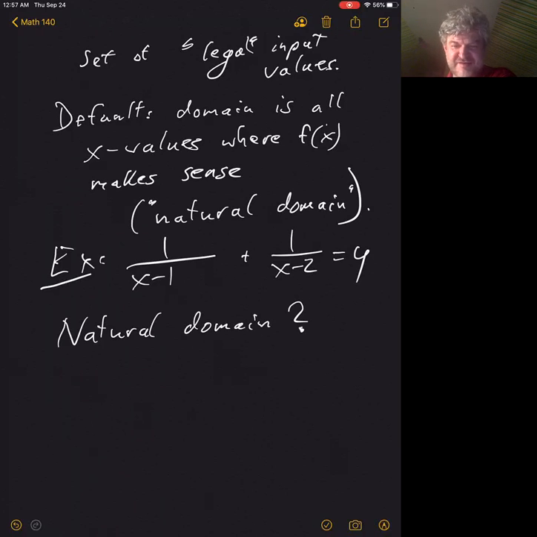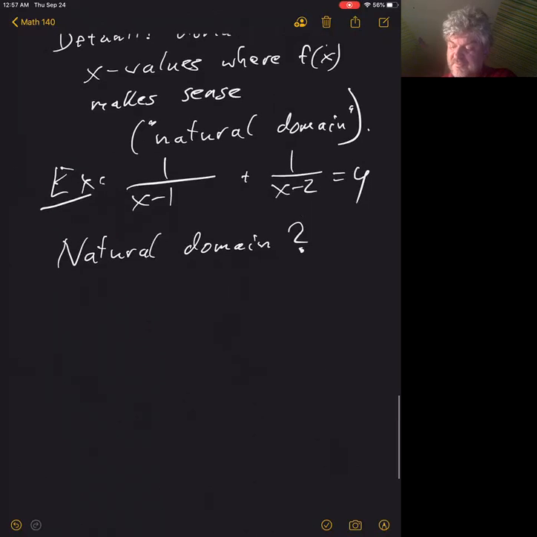Whenever I ask a question like this, it's a good idea to pause the video, unless you're sure of the answer. So the natural domain for this is all x values except for 1 and 2, because 1 and 2 would obviously make a denominator equal to 0, and that is not defined. That is illegal as an operation. So that's it.